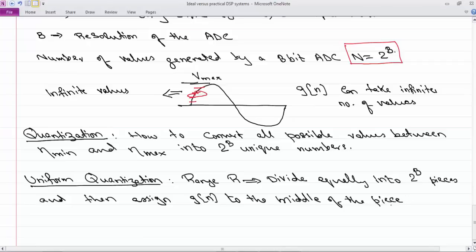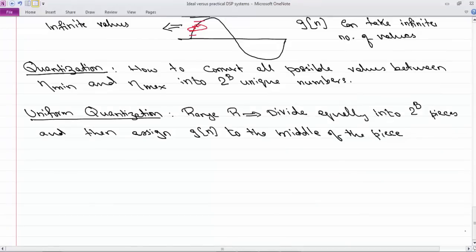Okay. So it is like saying, let's say if I had only 5 letter grades, I take 0 to 100, divide it equally into 5 pieces. So 0 to 20 is F, 20 to 40 is the next grade, 40 to 60 is the next grade, and so forth. It's a similar kind of process.